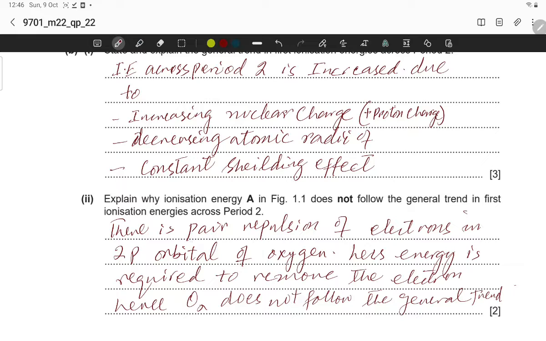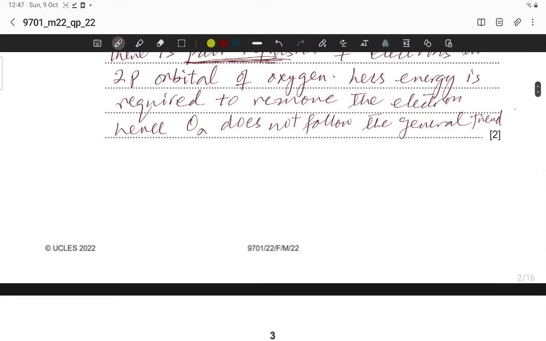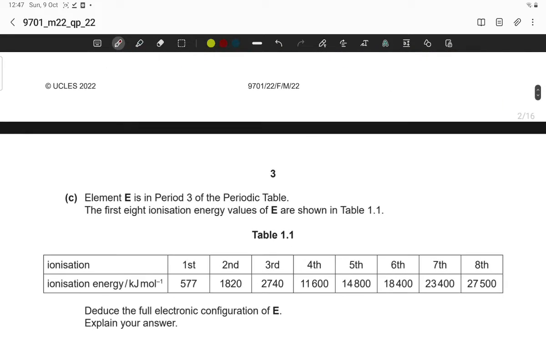So pair repulsion is very important in this question. Pair repulsion of 2p orbitals: hence there is a pair repulsion, so that's why less energy is required to remove the electron. So oxygen does not follow the general trend in first ionization energy.